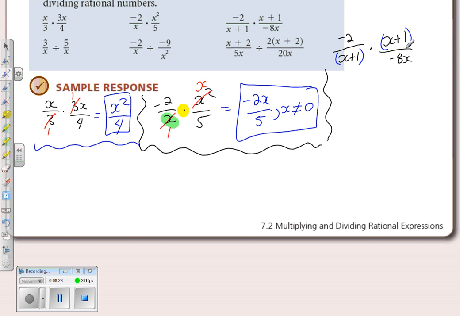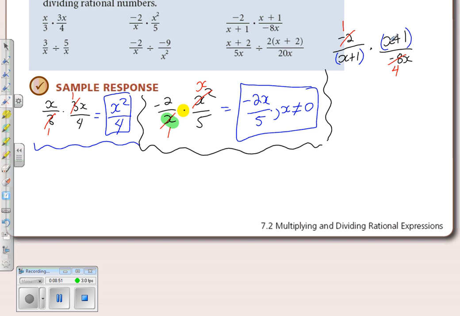Really, any numerator and any denominator has brackets around it. So let's look at here. We've got a negative 2 and a negative 8. I can divide those both by negative 2. Negative 2 divided by negative 2 is 1. Negative 8 divided by negative 2 is 4.